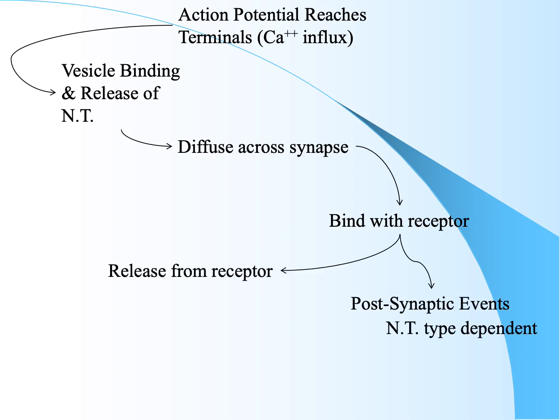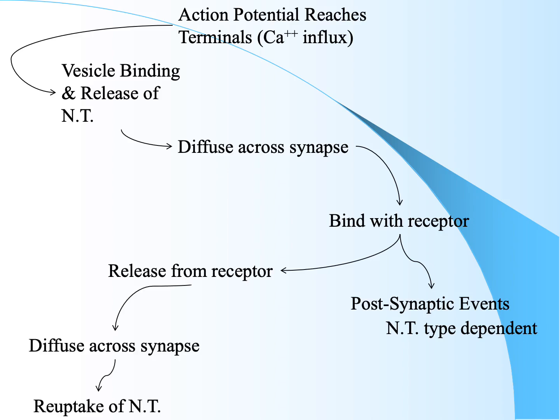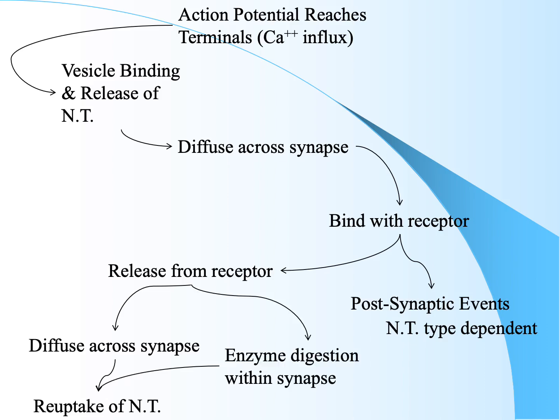Following the postsynaptic event, that receptor will release the neurotransmitter. That neurotransmitter can diffuse back across the synapse, where it can be taken back in via reuptake at the presynaptic membrane. It can be digested within the synapse via enzymes.